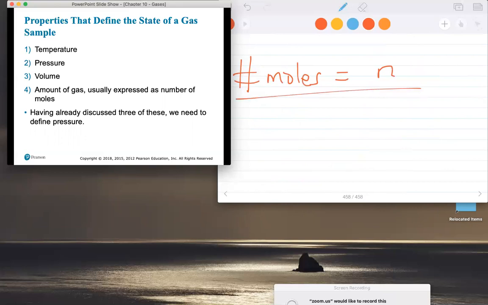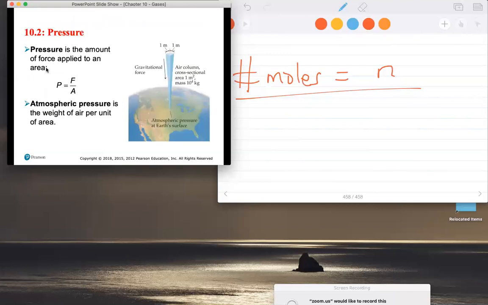n stands for the number of moles of gas, and the gas laws are derived using the four identities you see here. We'll see later on how varying one or two or maybe even three can affect a property of a gas. But before we look at the gas laws, let's look at the concept of pressure.